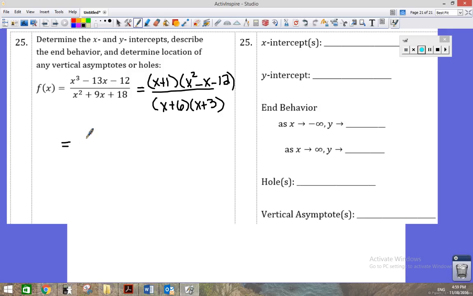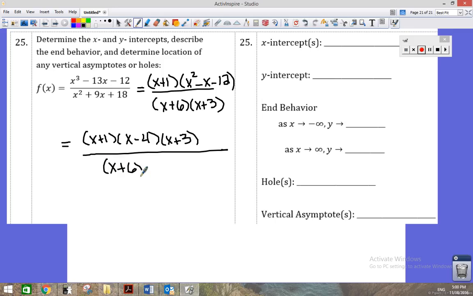So this guy factors to x plus 1. This factors to x minus 4 and x plus 3. And this guy is x plus 6 and x plus 3. So, yeah, this was good. This was not a typo.